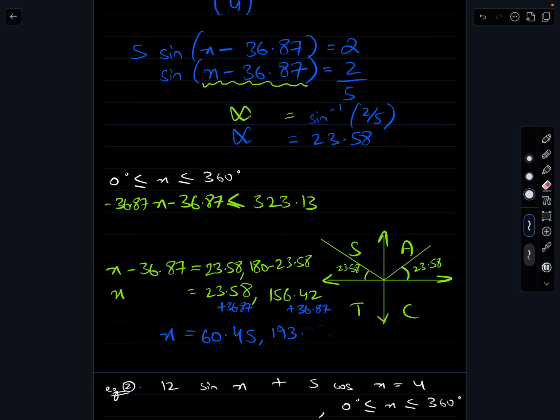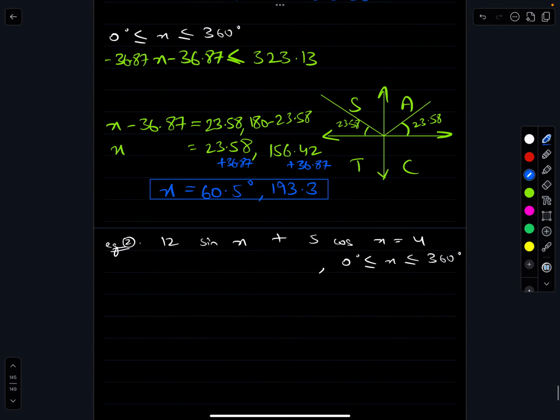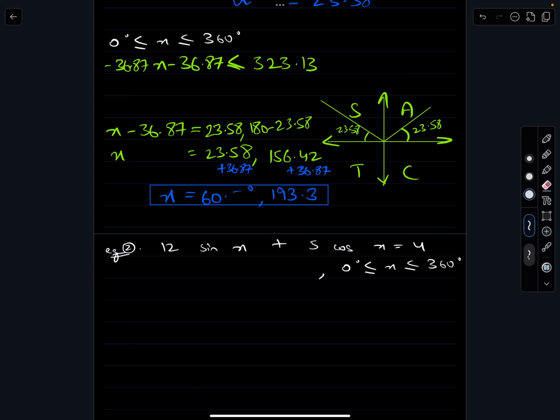In case of decimals, give your final answer to one decimal place, and this would be our answer. Or rather, I'm not sure whether those values were rounded off to two decimal places or not, because this could be 5 or 4. I'm not sure. Thus, I leave them as they are for you guys to find out.